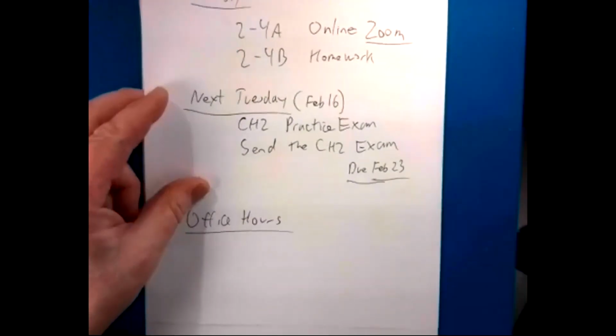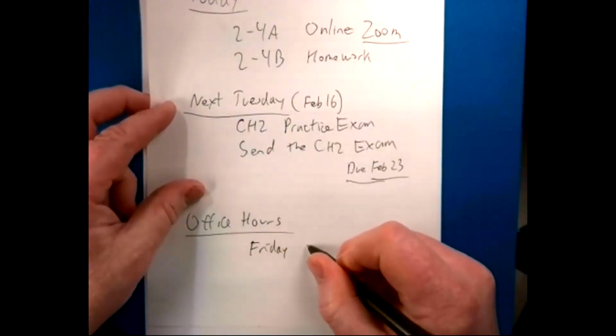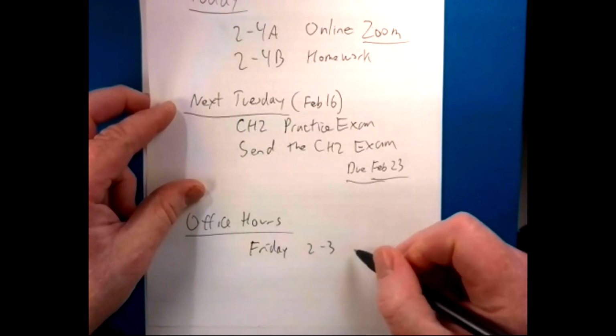All right. If you have any questions on 2-2B, you can still stick around after class and do it. I'm going to send out my office hours. There'll be a tab in Blackboard. Just to let you know, the office hours are going to be Friday, 2 to 3.